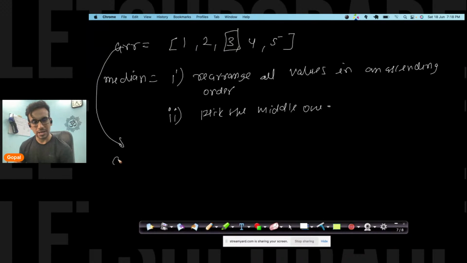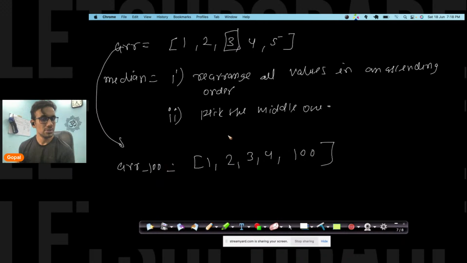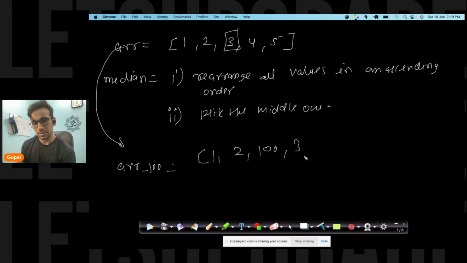But what if we have an array again with an outlier introduced in it, like array with 1, 2, 3, 4, and 100. It doesn't matter. Even if I do 1, 2, 100, 3, and 5, I would again have to rearrange all my values.